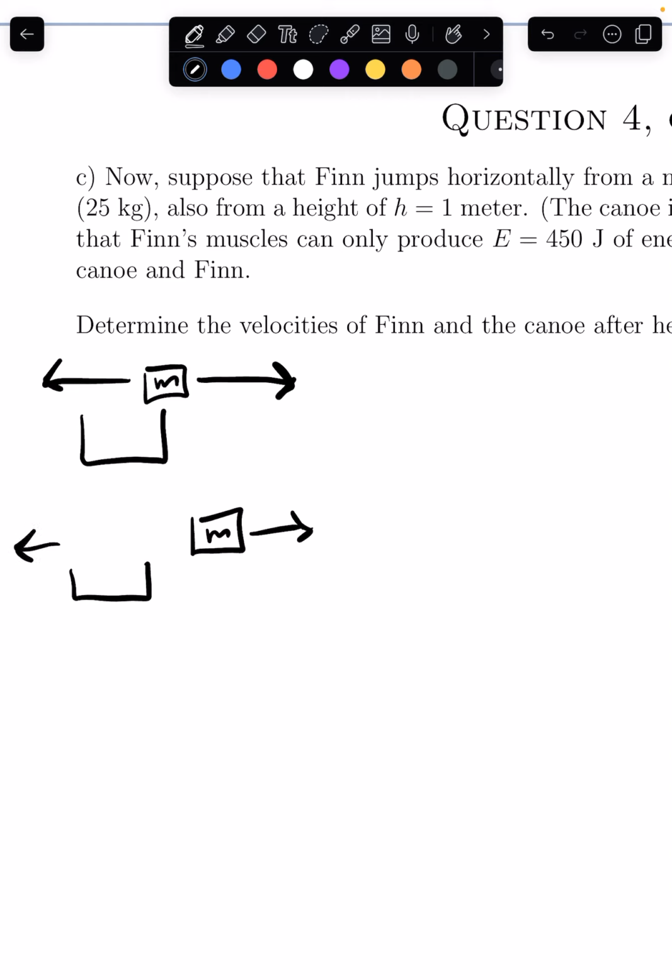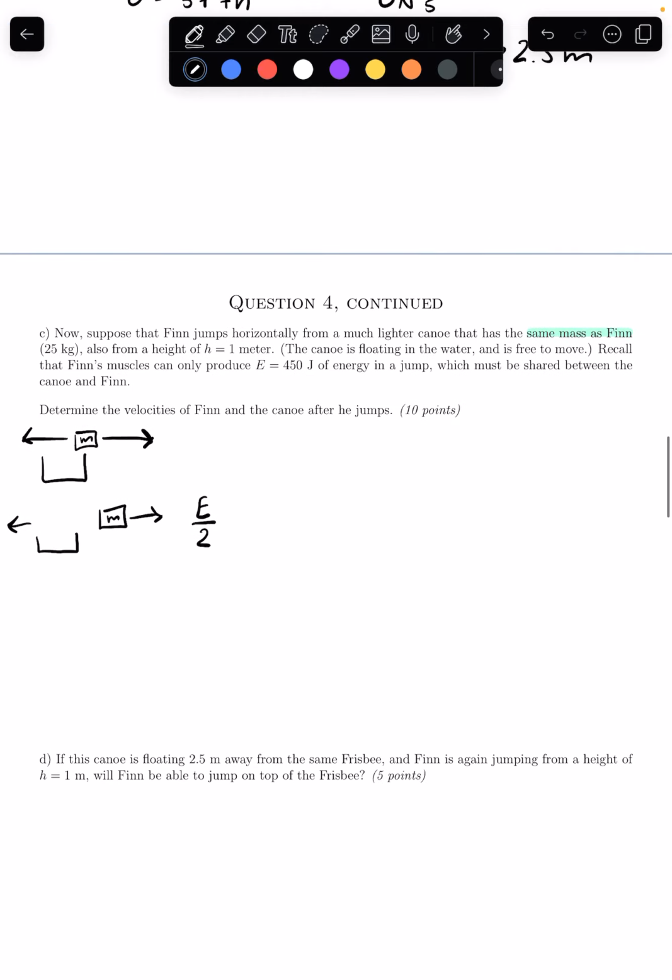This energy that Finn is pushing onto the boat is shared equally between the two of them because their masses are the same. So what this means is that the energy that Finn has to jump and propel himself is going to be divided by 2 now, since it's getting spread evenly between him and the boat.